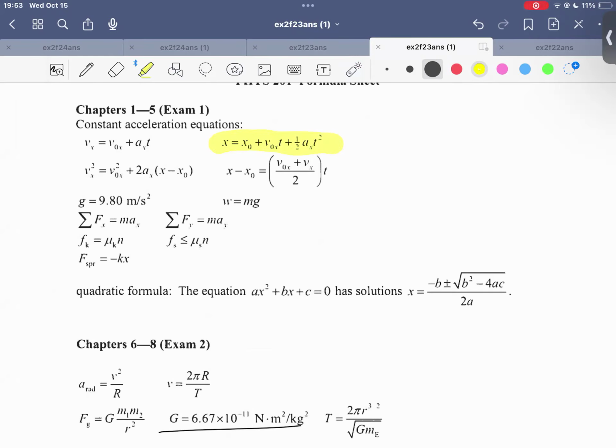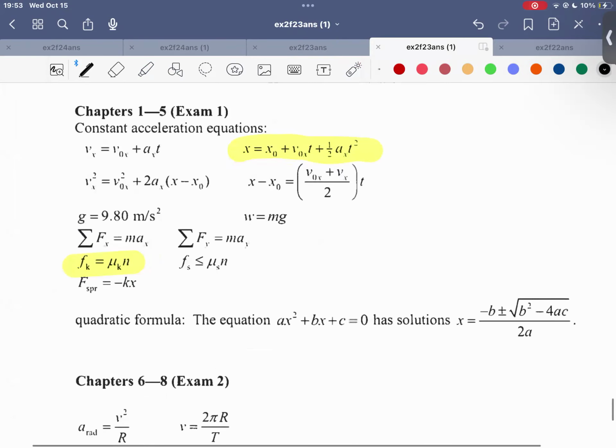How will we know if we need static or kinetic friction? Static friction is if the object's not moving, and kinetic friction is if the object's moving.